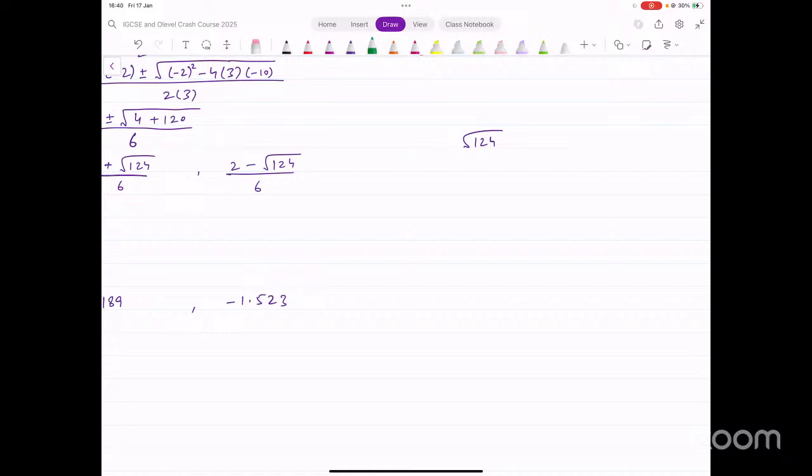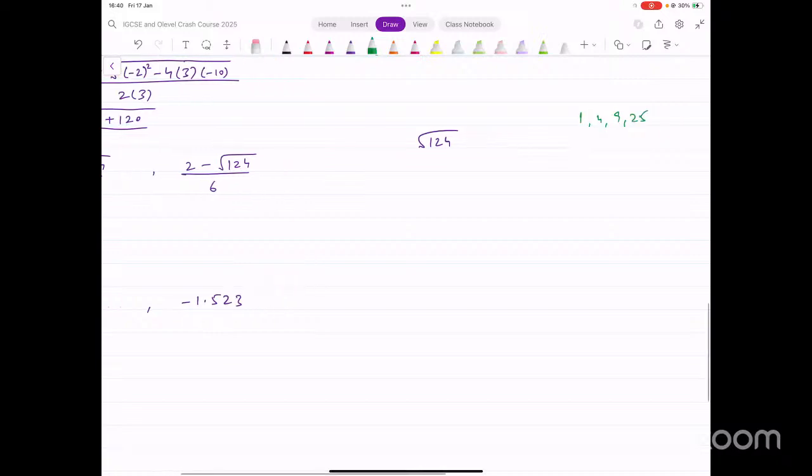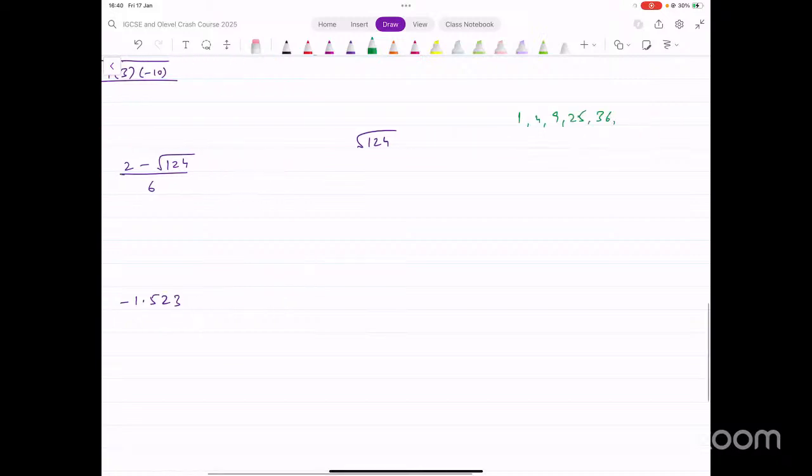The square numbers. 1 squared is 1, 2 squared is 4, 3 squared is 9, 25. Think of all the squares that you've got, and so on. And now you find from these numbers and see, is any of these numbers a factor of 124?